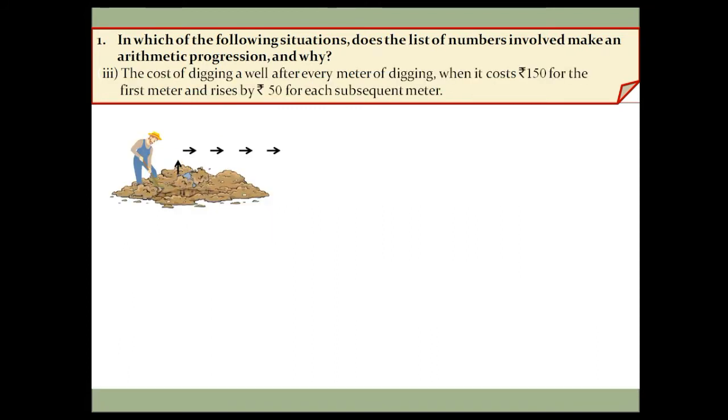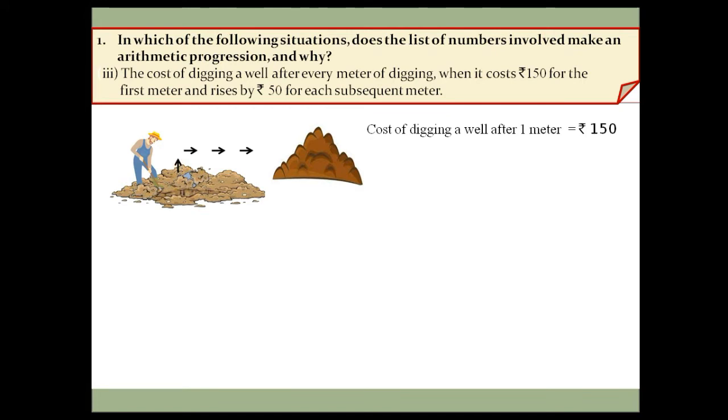The cost of digging a well after every meter of digging, when it costs rupees 150 for the first meter and rises by rupees 50 for each subsequent meter. Cost of digging a well after 1 meter equals rupees 150.